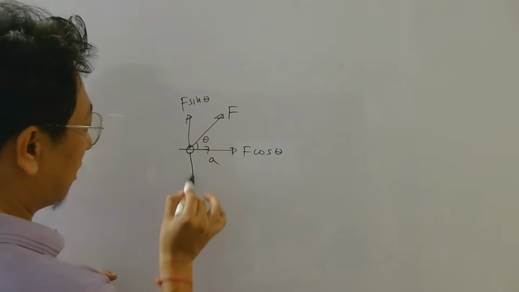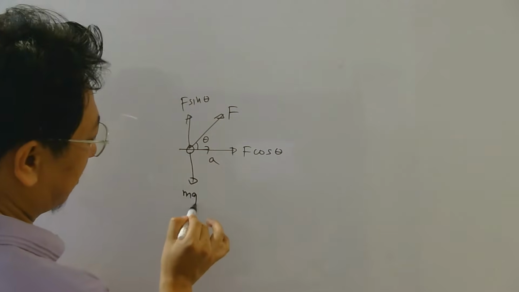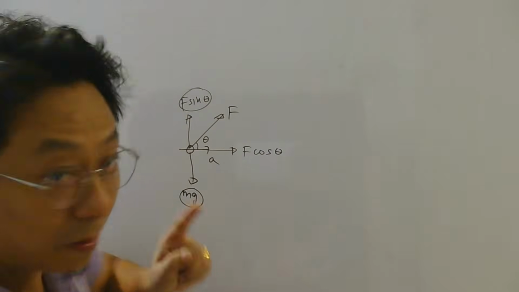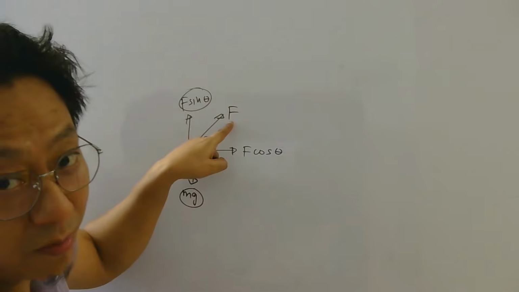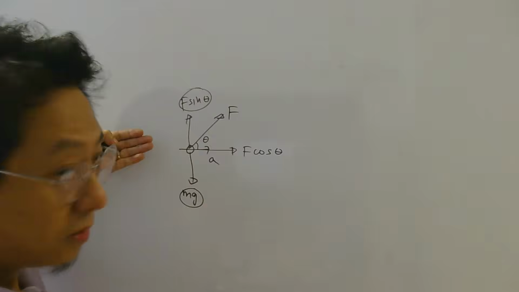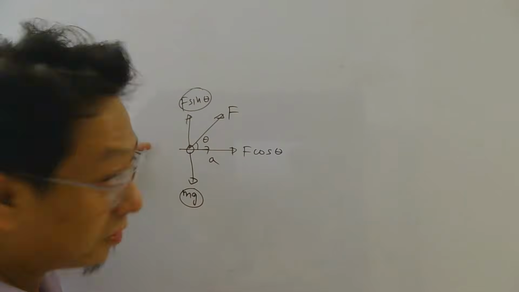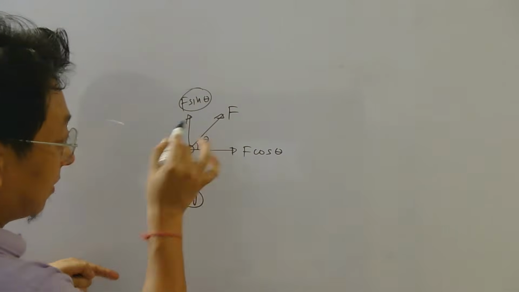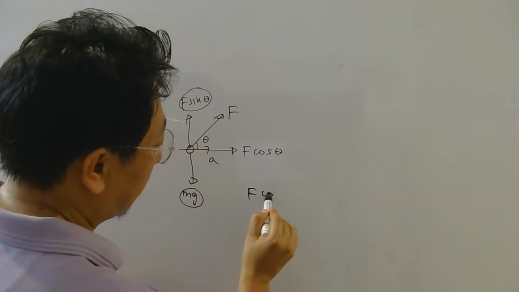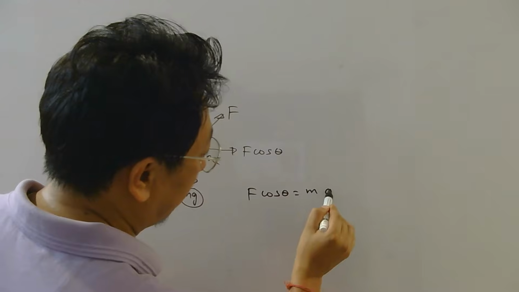So this force is balanced by some other force, maybe gravity or something. Okay, so this force will cancel this force and this acceleration this side will be provided not by this F this time, it will be provided by this component. So always remember you have to find the total force in the direction of acceleration. And in this example, the total force in this direction is F cos theta. So F cos theta will be m into a.